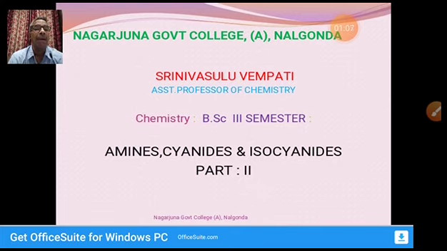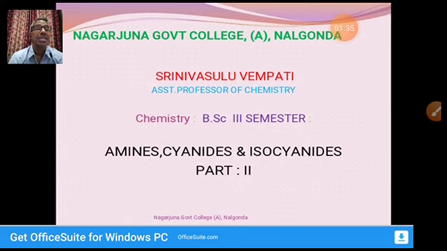These are of two types: aliphatic amines and aromatic amines, depending upon the nature of the carbon linked to nitrogen. And these amines are of four types: primary amines, secondary amines, tertiary amines, and finally quaternary ammonium salts.